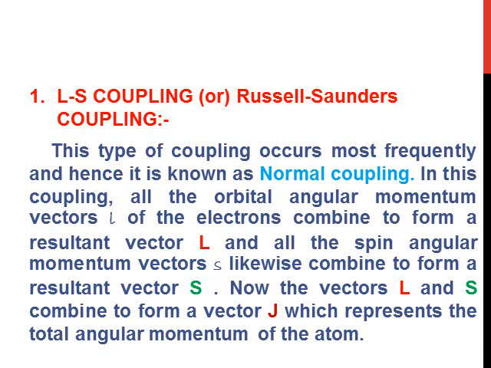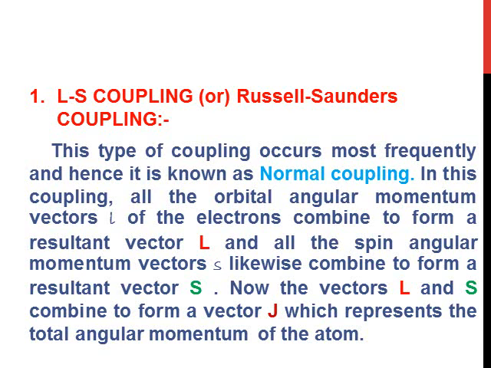First one is LS coupling, also known as Russell-Saunders coupling. This type of coupling occurs most frequently and hence it is known as normal coupling.